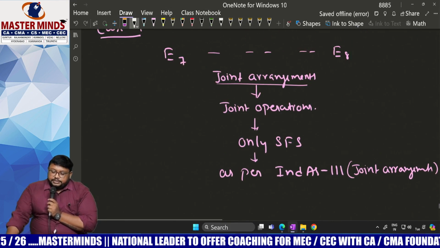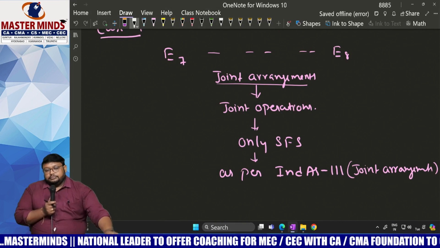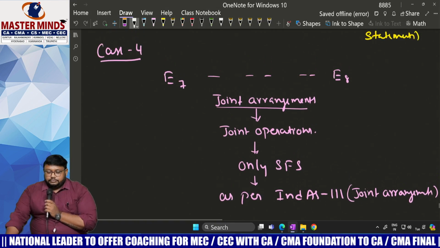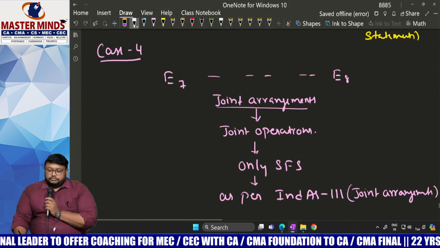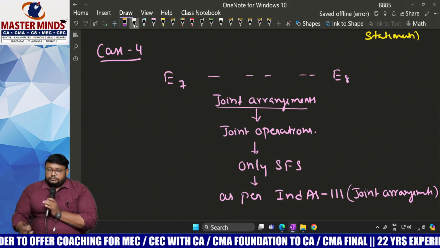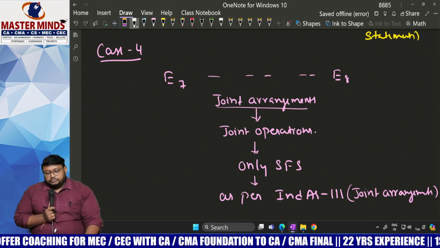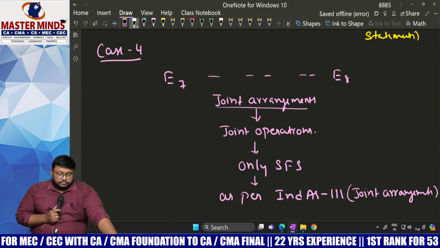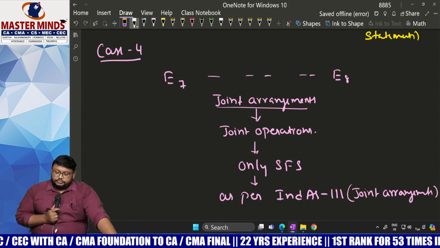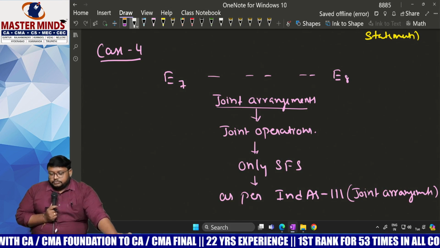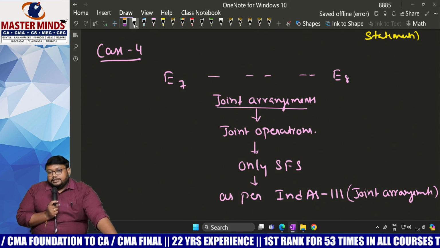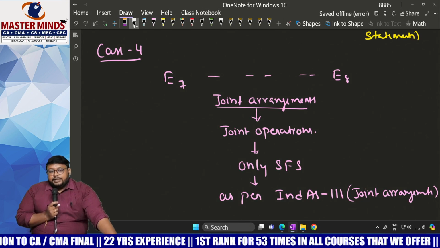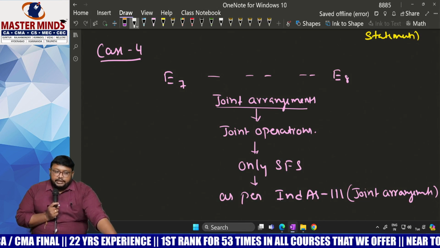So first write this down: if two entities are doing joint arrangement operations or joint operations, then they have to apply Ind AS 111, that is accounting for joint arrangements.